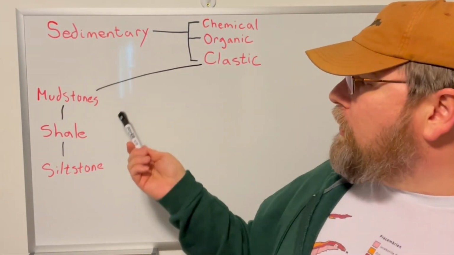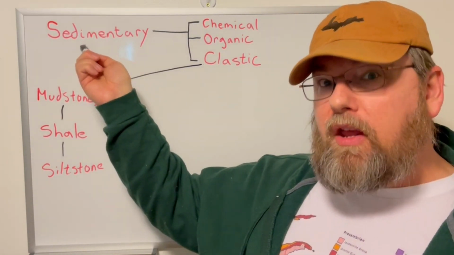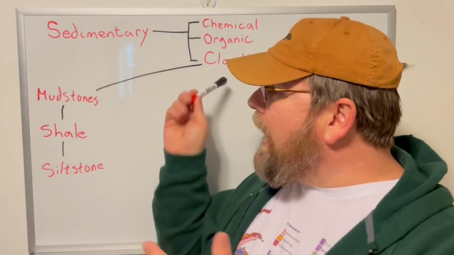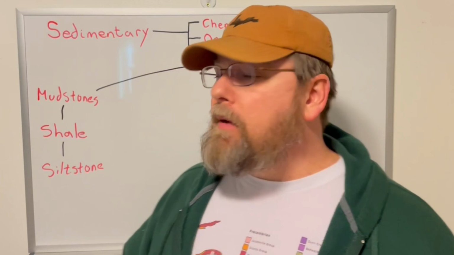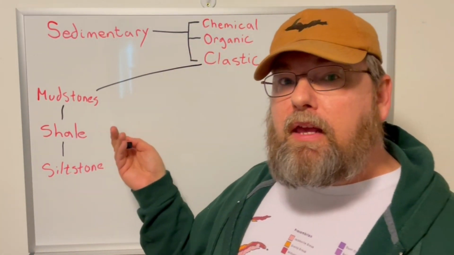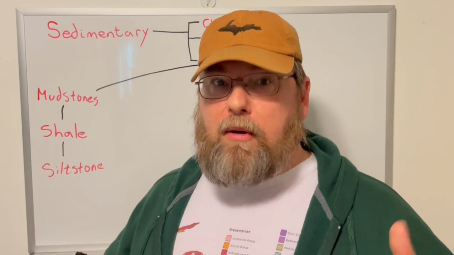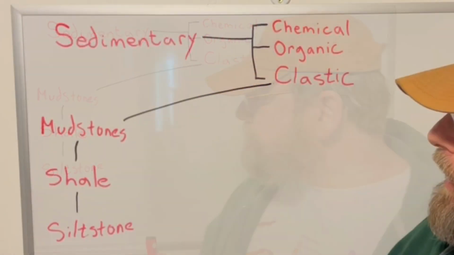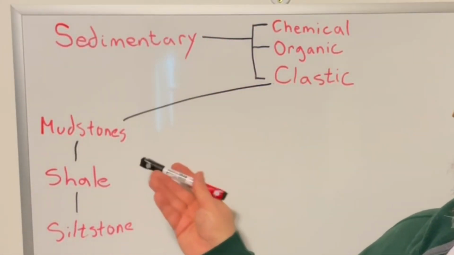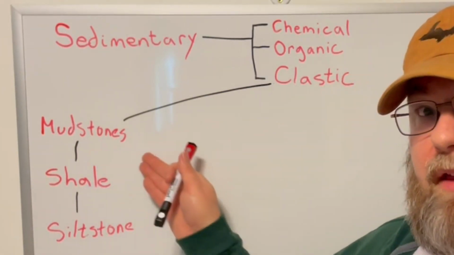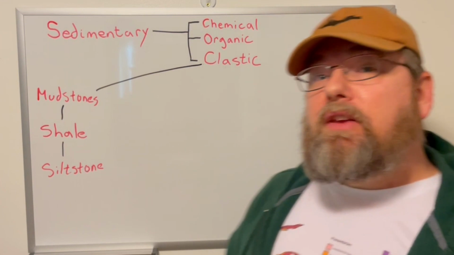So mudstones were recognized to be sedimentary and were generally considered clastic long before they were known to be chemically weathered products of igneous and metamorphic rocks. So here's a hangover, but it's based off grain size, both of these. And the whole clastic classification system is based off of grain size.